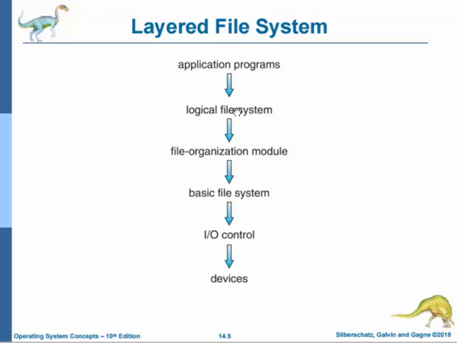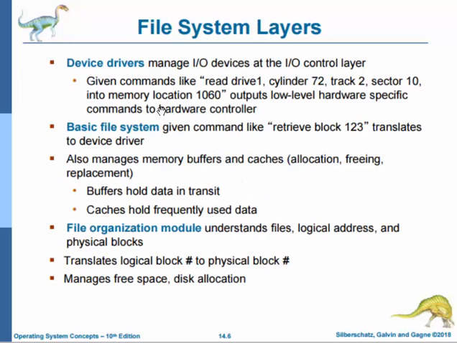So you can see from here at the top are the application programs, and then it has the logical file system, file organization module, basic file system, input-output control, and the devices. The input-output control level consists of device drivers and interrupt handlers, and they function to transfer the information between the main memory and the disk systems.